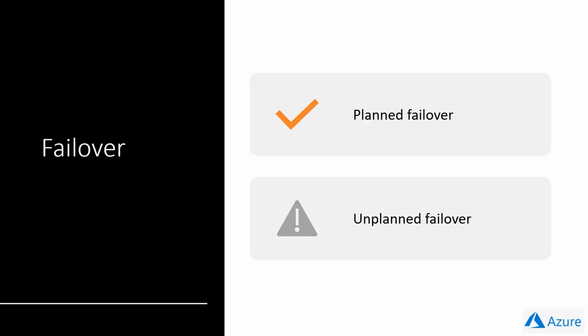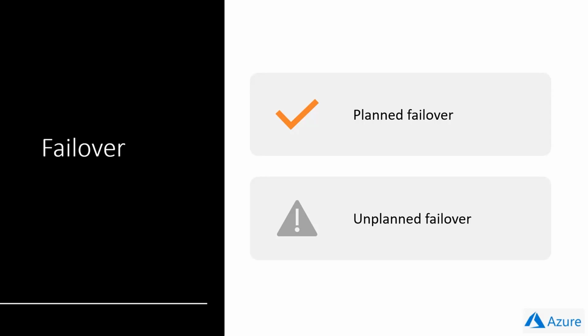Now, the planned failover is designed for scenarios like performing disaster recovery drills in production when data loss is not acceptable. So basically you want to do a drill to make sure your architecture and configuration are working properly. Also, maybe you want to relocate the database to a different region.